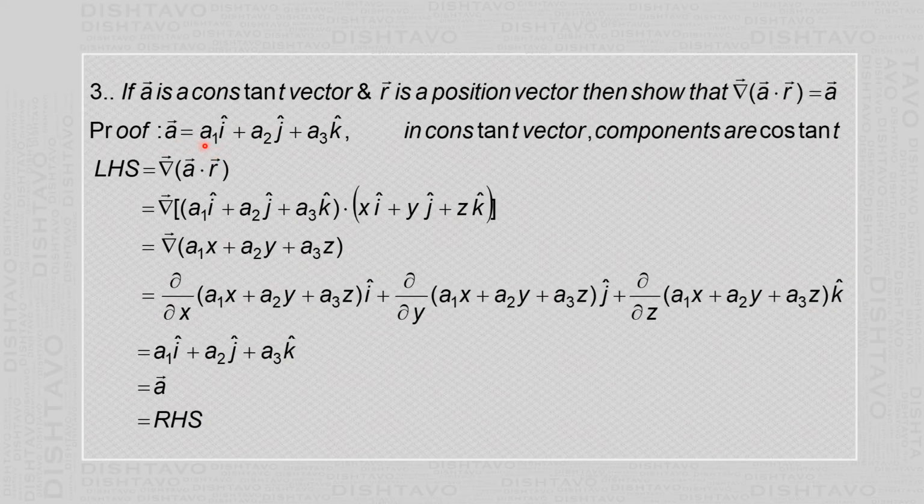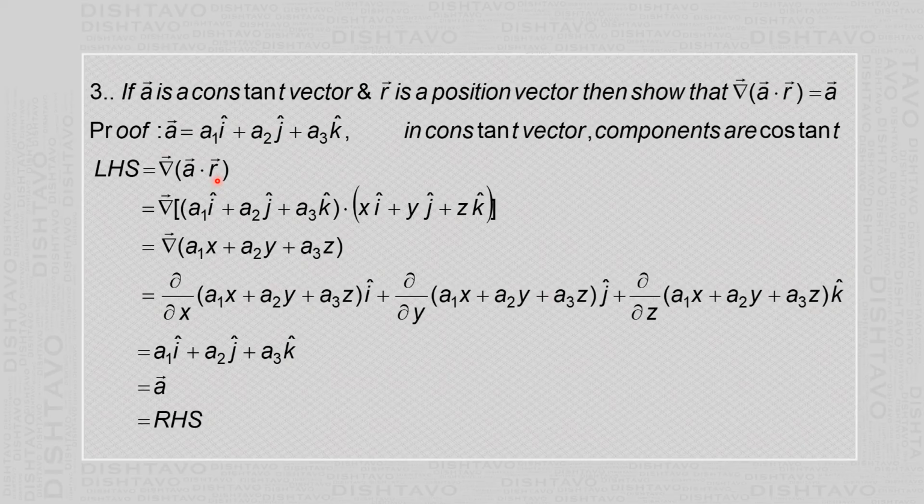So vector A equals A1 i cap plus A2 j cap plus A3 k cap, where A1, A2, A3 are constants. So let us start with the left hand side, which is del of the dot product of vector A and vector R. So first let us find out what is vector A dot vector R. We use the formula for a dot product, which is the sum of the products of the components of the two vectors.